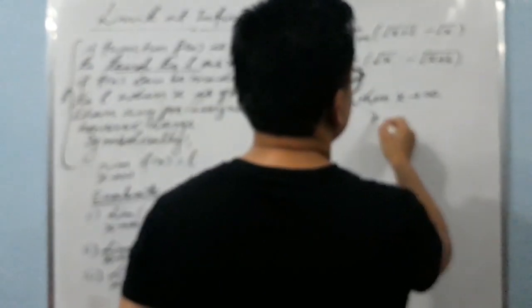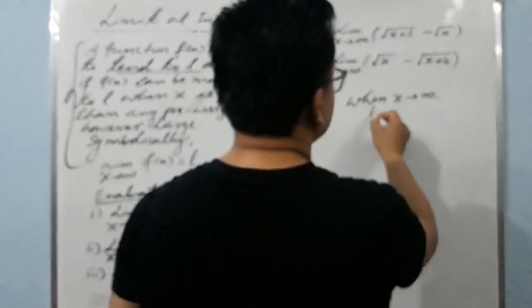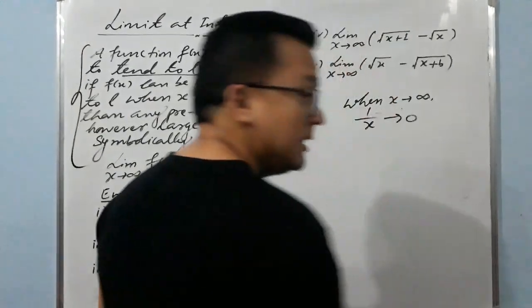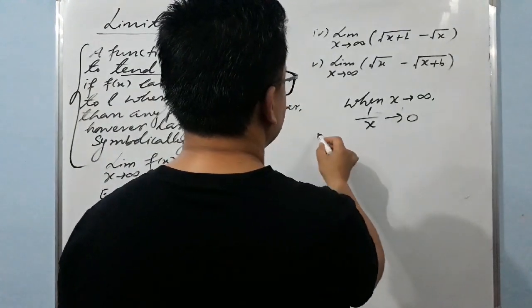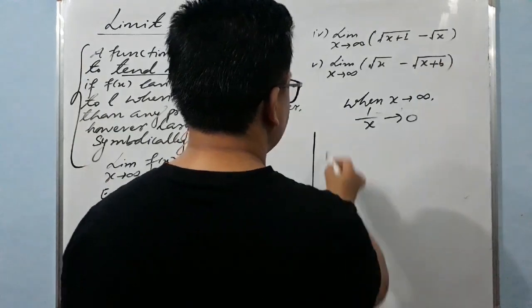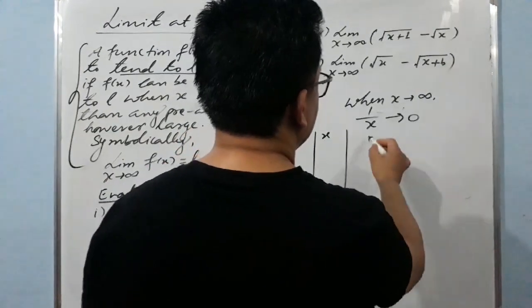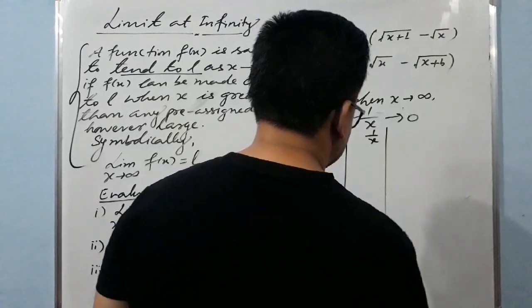Now see everybody, I'm going to explain: as x tends to infinity, 1 upon x tends to 0, why? 2 upon x tends to 0, why? 3 upon x tends to 0, why? Let's suppose the value of 1 upon x.